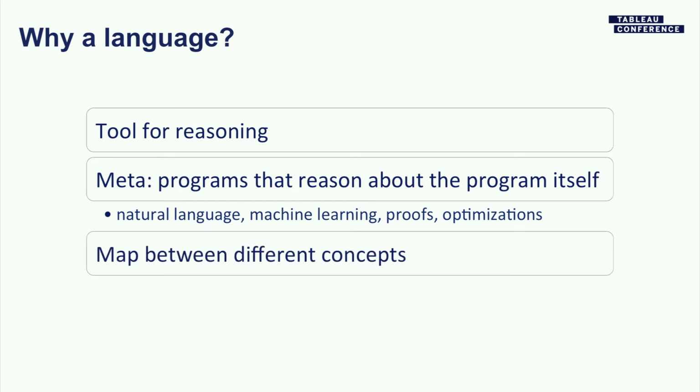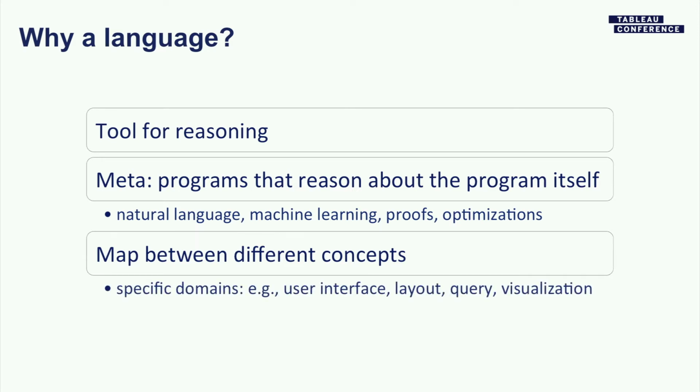It also allows you to map between different concepts. And I'll touch on this more with VizQL. But you've got these different domains. So like with HTML, CSS, and JavaScript, you've got the different domains of describing the document, describing the styling, describing the interactions. Here's another set of domains thinking about the user interface, how things are laid out on the screen, how you query the database, what the visualizations look like.